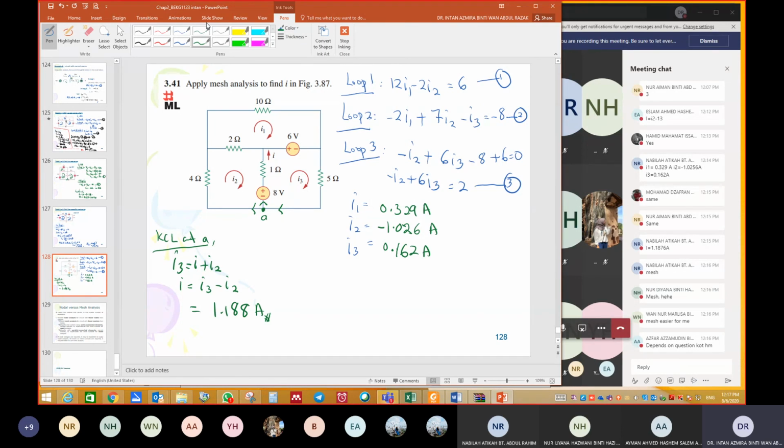As Asfar said, what method should you use? Depends on the question. Let's say in this question, the question did not mention mesh analysis, so it is up to you. Find I. You can use any method. In your opinion, which one is easier, mesh or nodal, for this question?